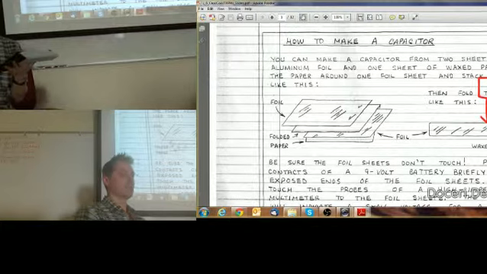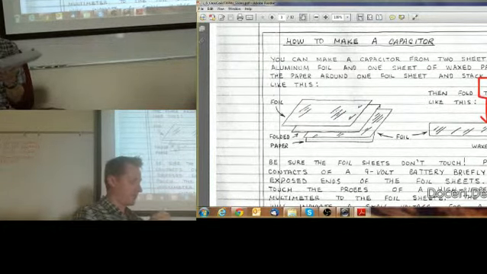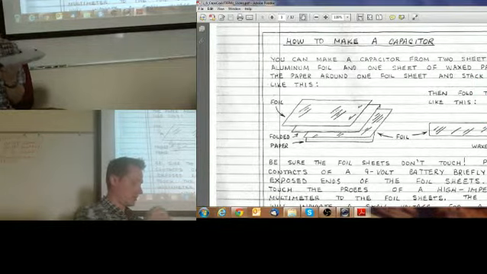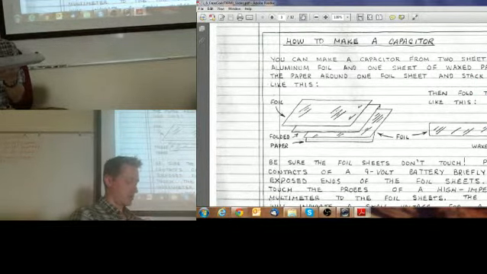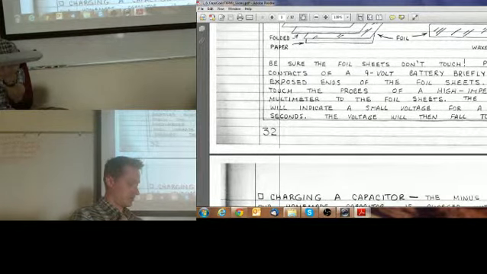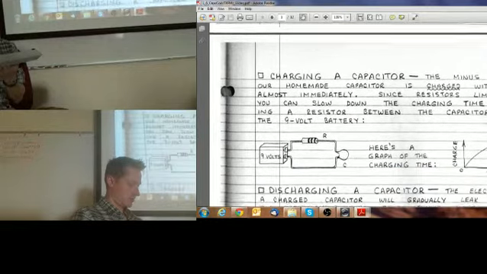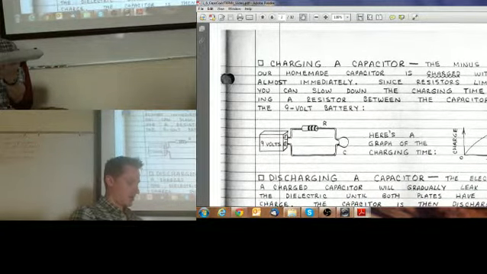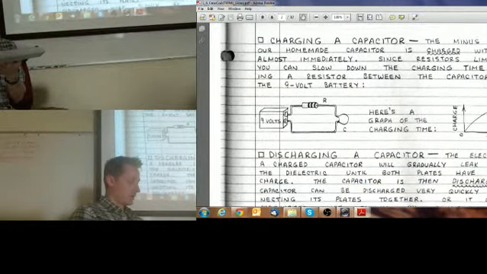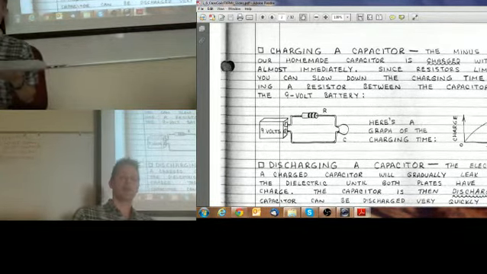So eventually it's going to discharge through those sharp edges, like we talked about. But it'll hold the charge for quite a while. It does take time. There is a finite amount of time.